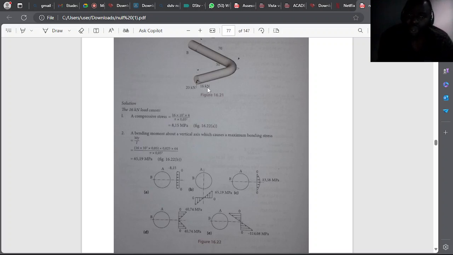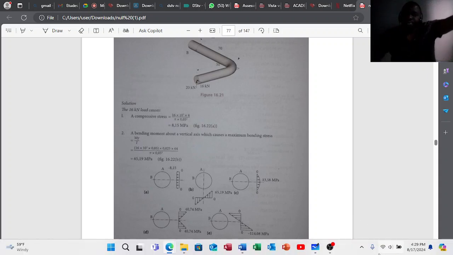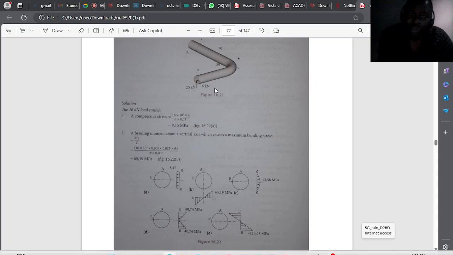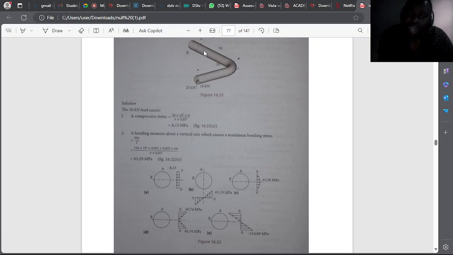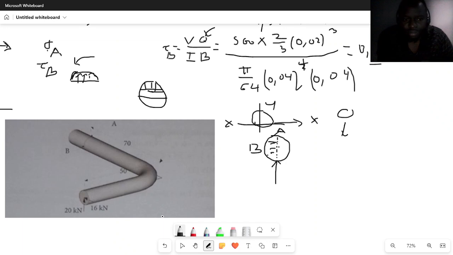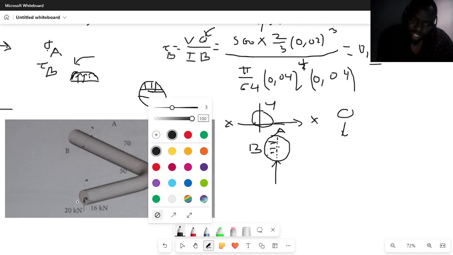Do we all agree that 16 here will have an effect at which point, guys? Sixteen is causing a bending effect along B. Let me bring it here so that we can see what I'm saying. This is 16.